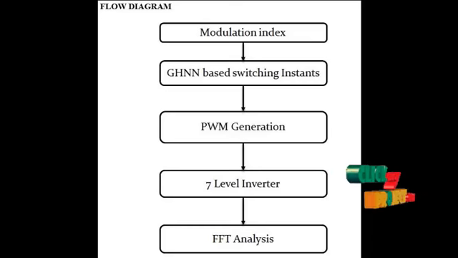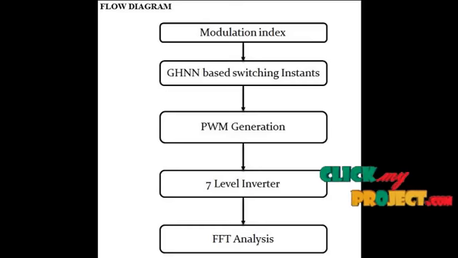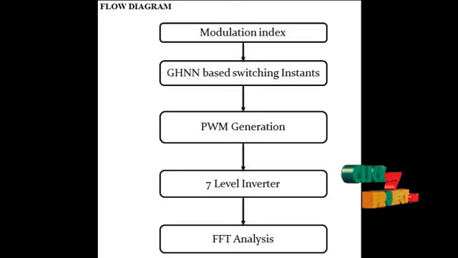Next block, GHNN based switching instance. An energy function is formulated using the Fourier series representation. The different rates of change of the energy function with respect to time are calculated, and they are all combinedly embedded in this block. Using this GHNN network, repetitive iteration has to be performed to solve the switching instance.